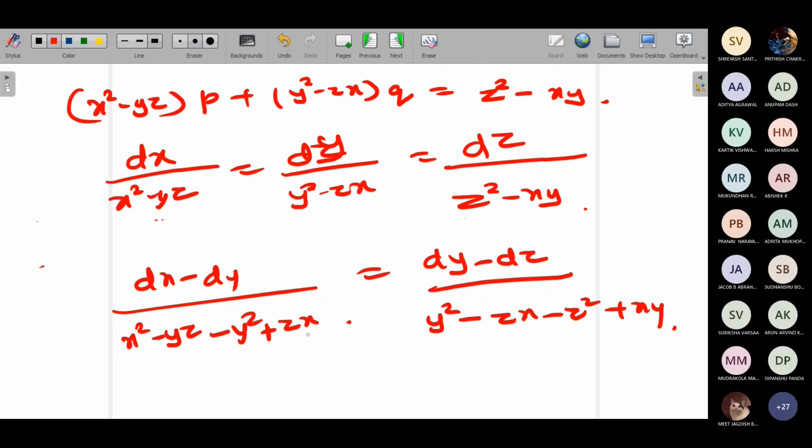What I can do is rewrite this. So I can rewrite this as d of x minus y divided by x square minus y square minus yz plus zx.